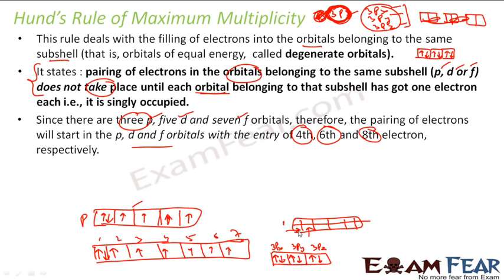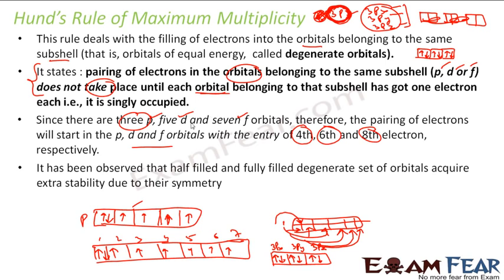Again, a new guy comes, he will prefer sitting in a new seat instead of beside these two guys because he'll get more space. But if all the double seats are filled with one person each, the next guy has no choice other than to share a seat. Nobody likes to share a seat. Similarly, electrons don't want to share orbitals. They want to be alone, if given the choice. Only if there is no other option do they pair.